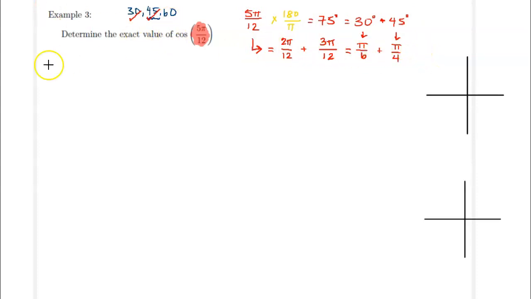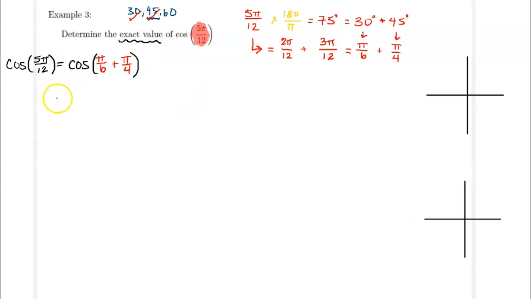So that means my original cos of 5 pi over 12 can actually be rewritten as cos of pi over 6 plus pi over 4. And now I can use my compound angle formulas and my special triangles to figure out the exact value. Okay.